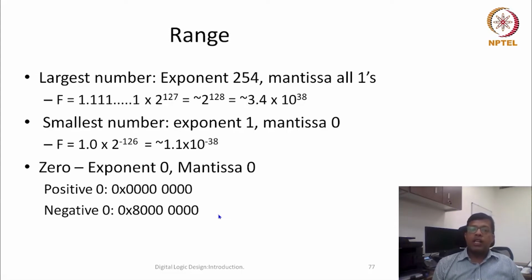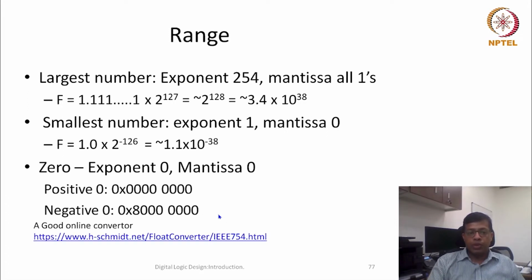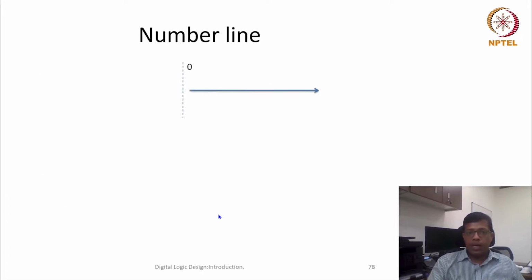Let's try to understand this using a number line. A number line is a horizontal line, where we have a 0 starting from here, and then the numbers keep on increasing in the arrow direction.